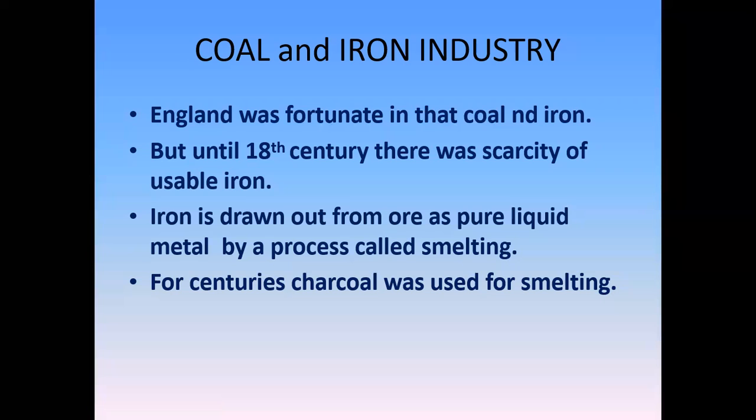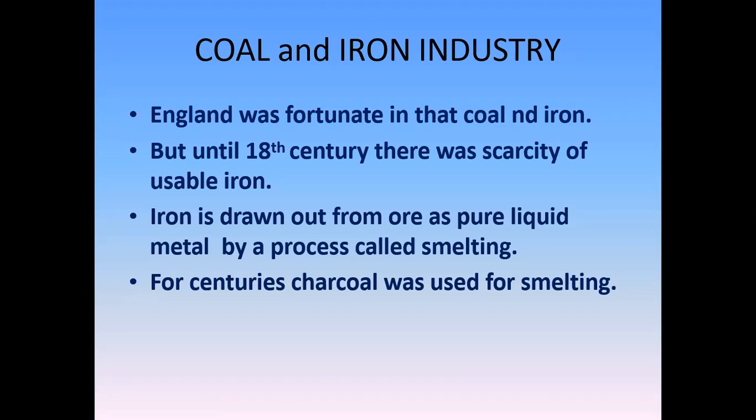Iron has to be drawn out from the ore as pure liquid metal by a process called smelting. For centuries, charcoal, that is burnt timber, was used for the smelting process. This had several problems.